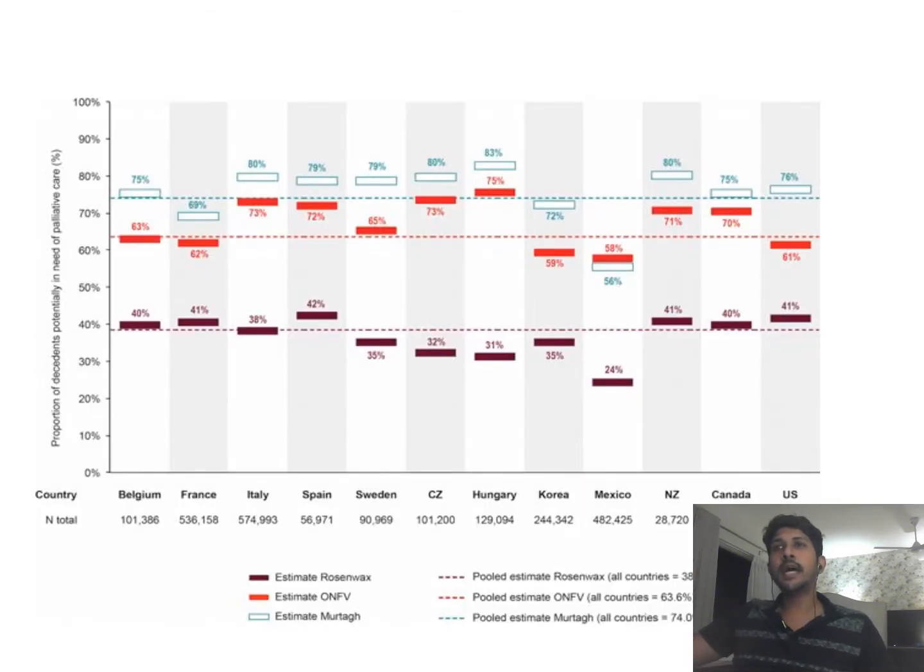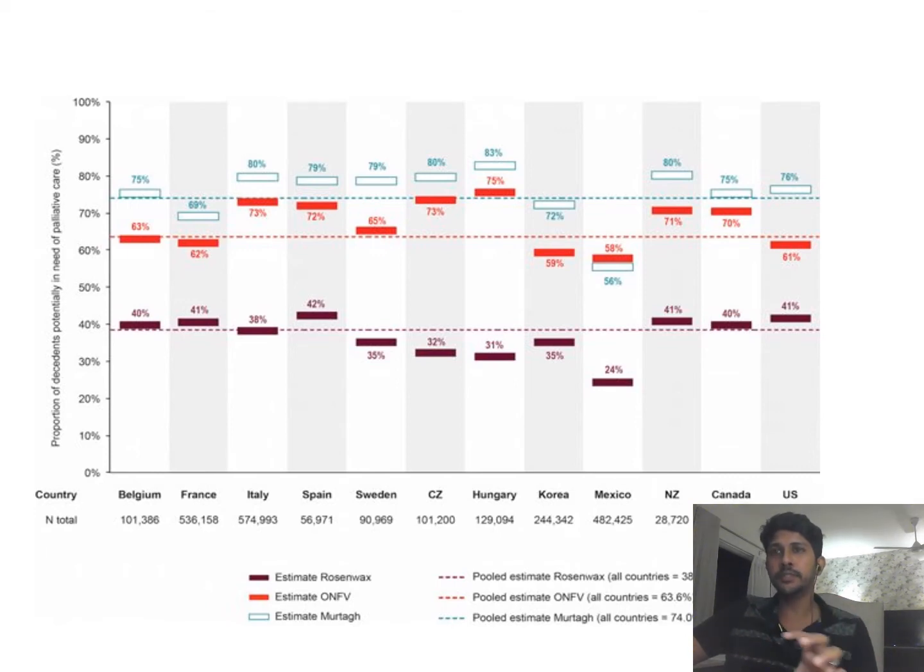So this is an analysis of the percentage of deaths that would benefit from palliative care. So different countries, mostly these are actually European countries, and New Zealand, Canada, and US are included in this graph.